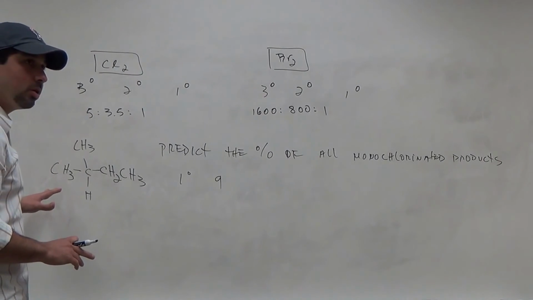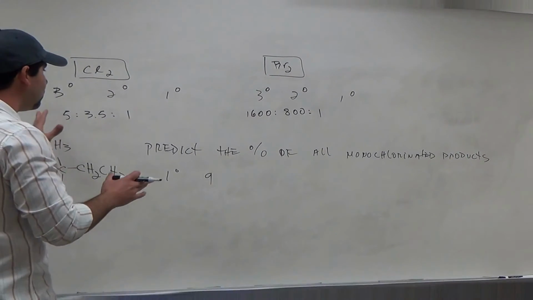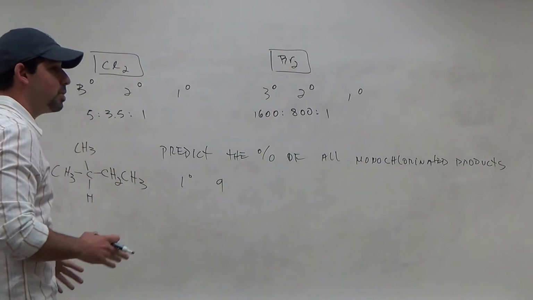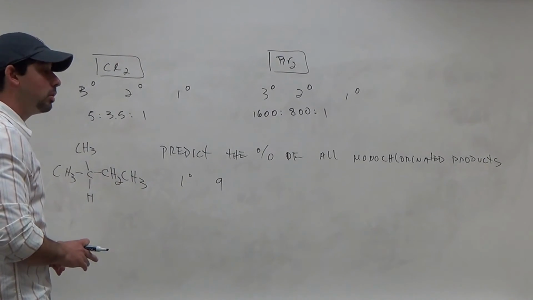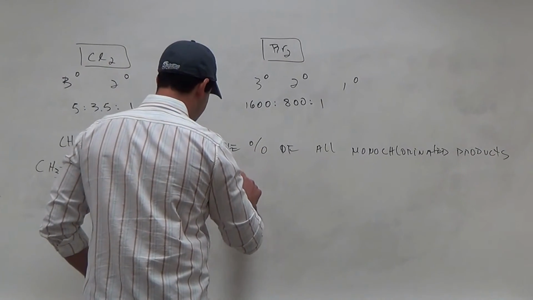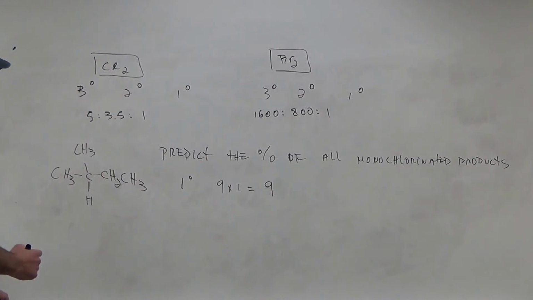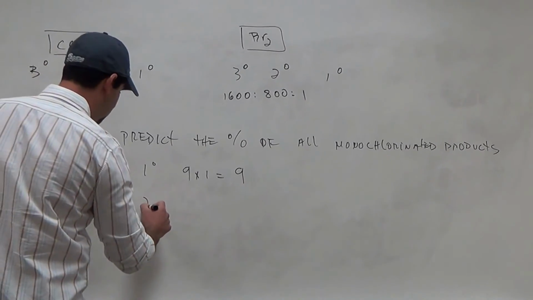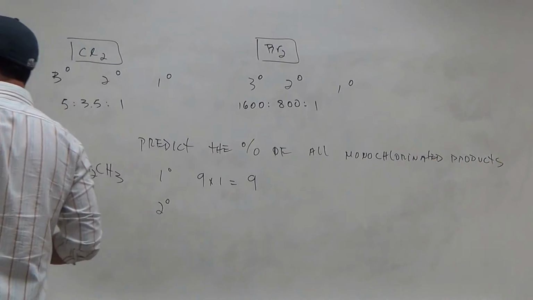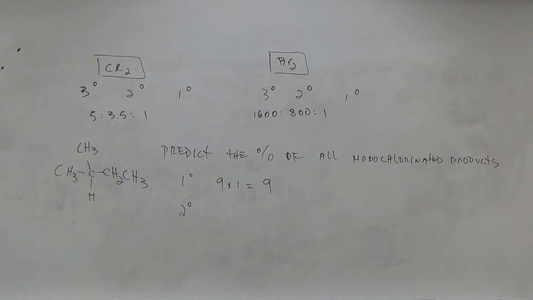You agree? I am going to multiply this by the number that is for primary, which is 1. Times 1, and this gives me 9. Very nice. I think this is like differential equations of multivariable calculus, yes? Something like that.